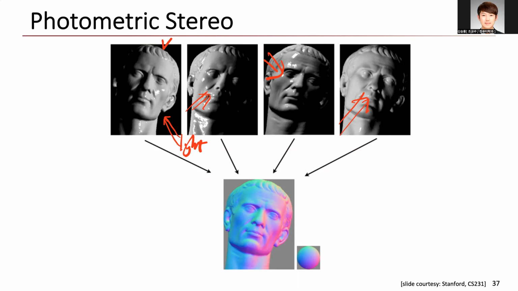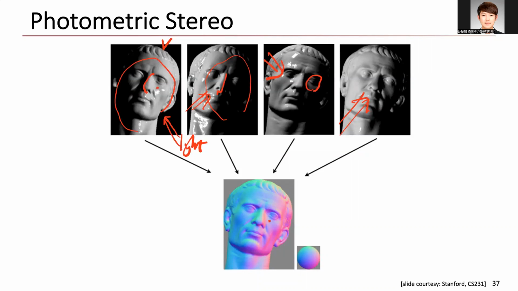So, we take pictures like this. These output images highly depend on 3D shape, like here or here or here, right? By considering this pixel-level relationship, we can find the structure information for each pixel.